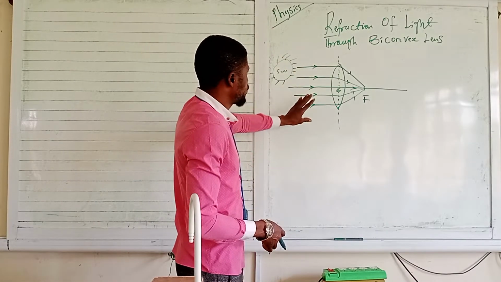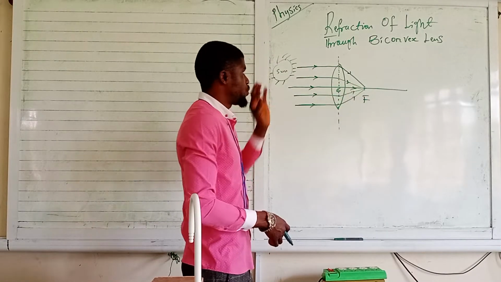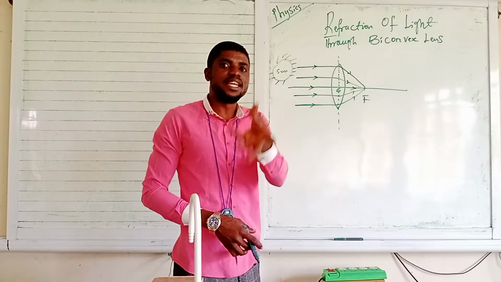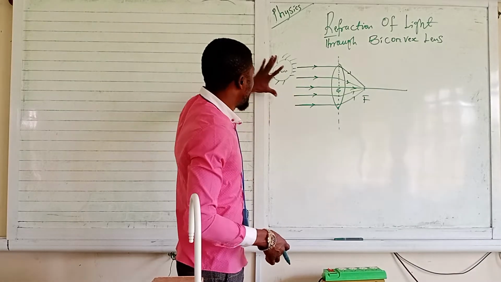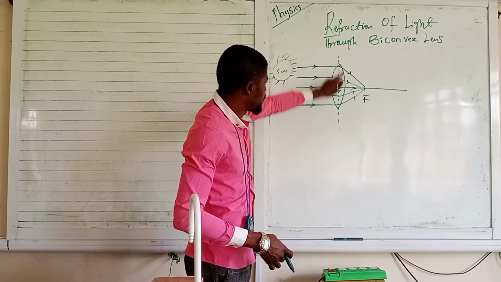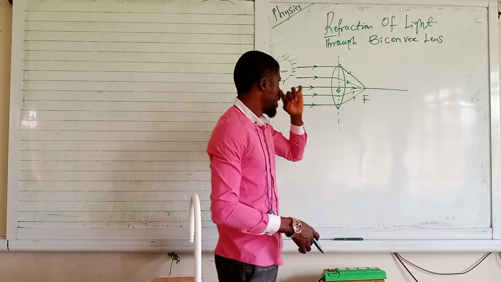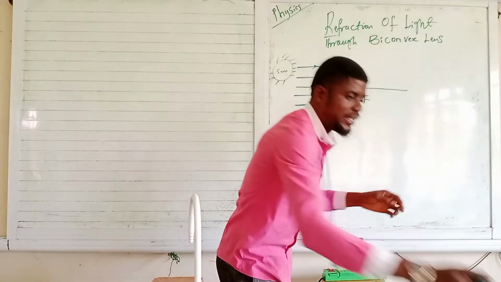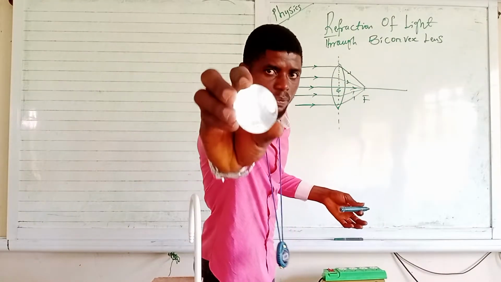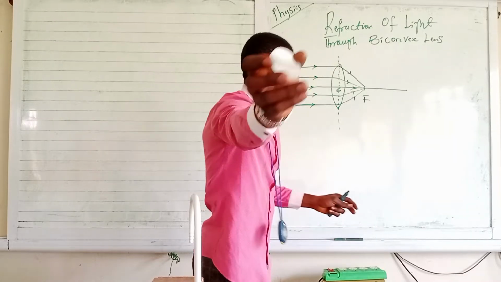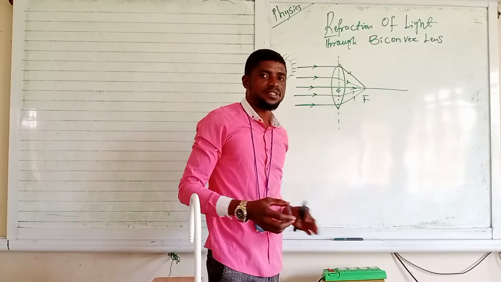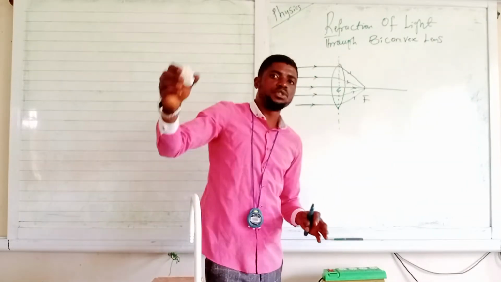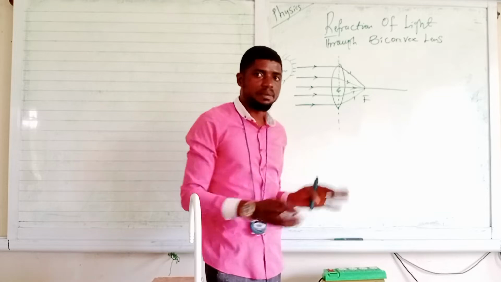Because of this behavior, it is called the converging lens, because the rays of light, after refraction at the center of curvature, converge at this point. This guy also behaves like the concave mirror. The behavior of the biconvex lens and the concave mirror, which I showed you in the other video, which is also used for cooking, is the same.